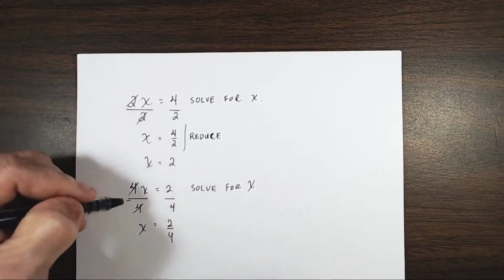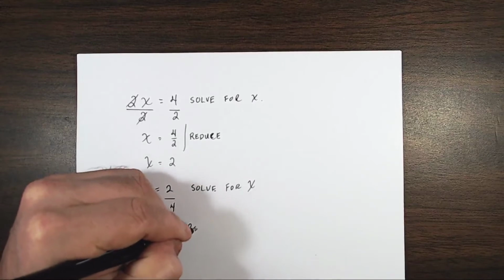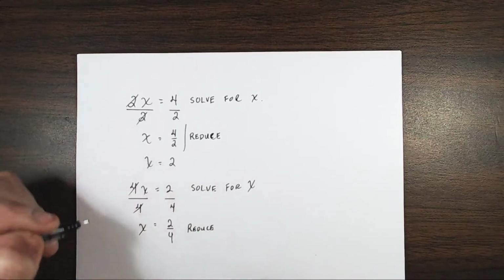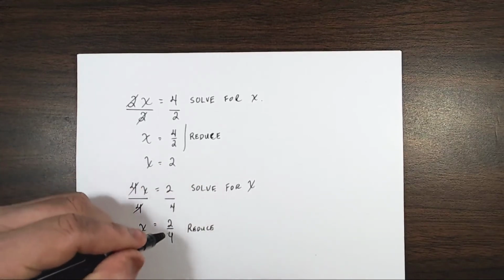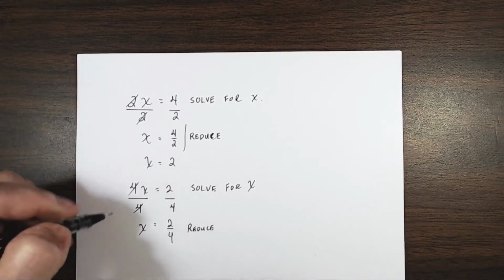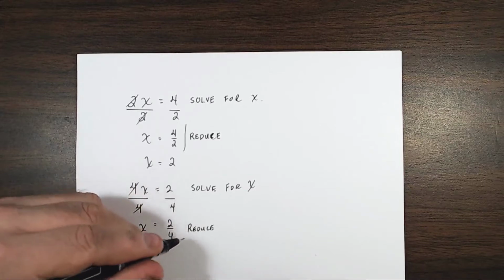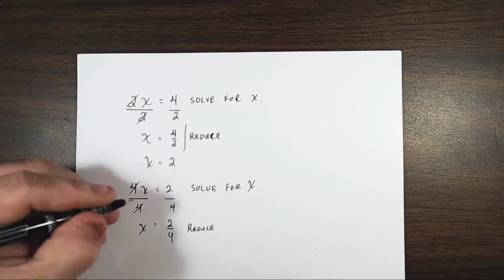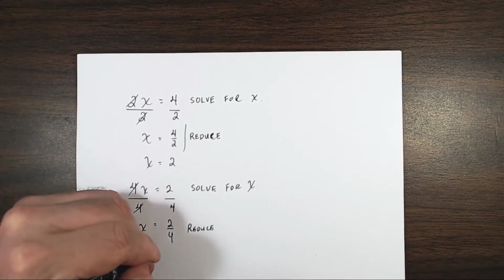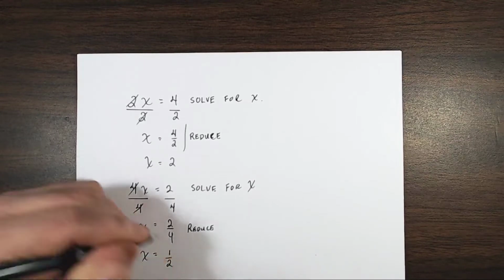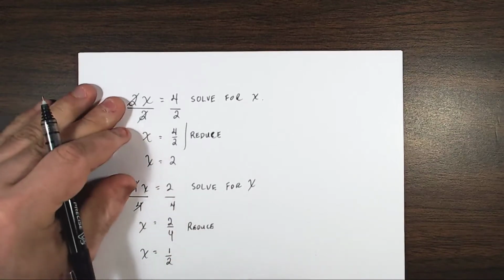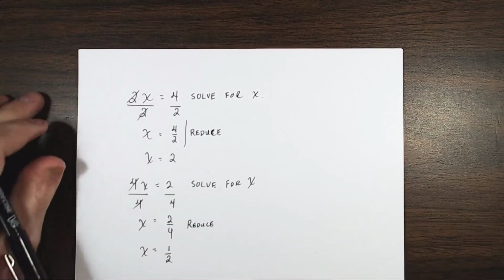Now, can I reduce this? Yes. So now, reduce the fraction. We can divide both the top and the bottom by 2, and so 2 divided by 2 is 1, and 4 divided by 2 is 2. So we have x equals 1 over 2. And that's our solution for this type of problem.